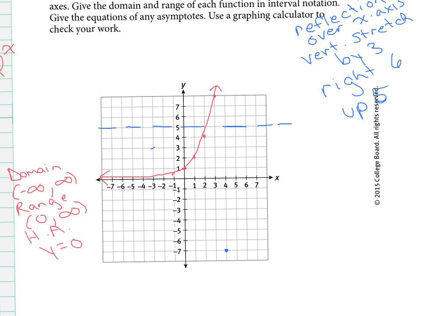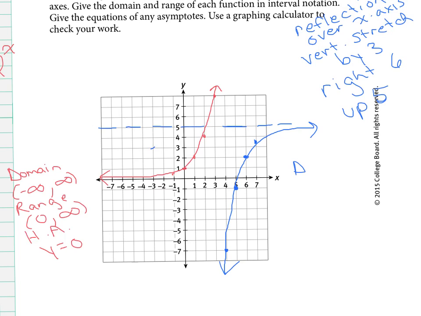When x is 5, we are at negative 1. Notice that it's really stretched. When x is 6, we're at negative 2. When x is 7, we're at 3.5. And we get a graph that looks something like this.